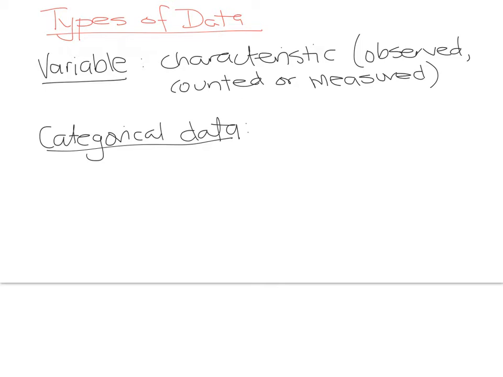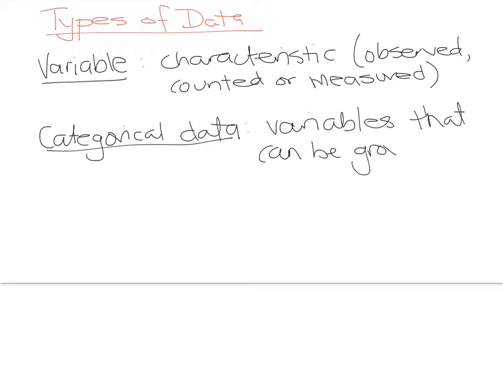So categorical data are variables that can be grouped into categories.